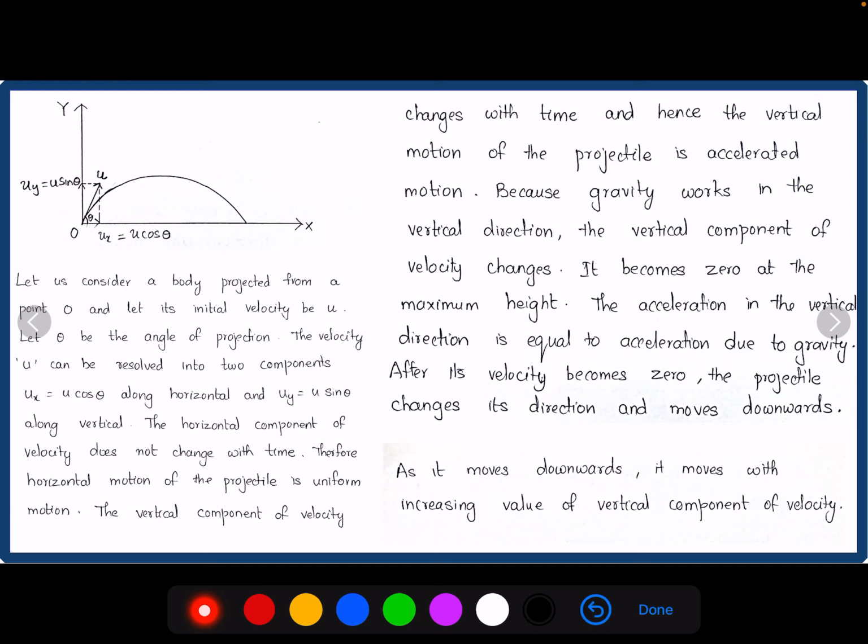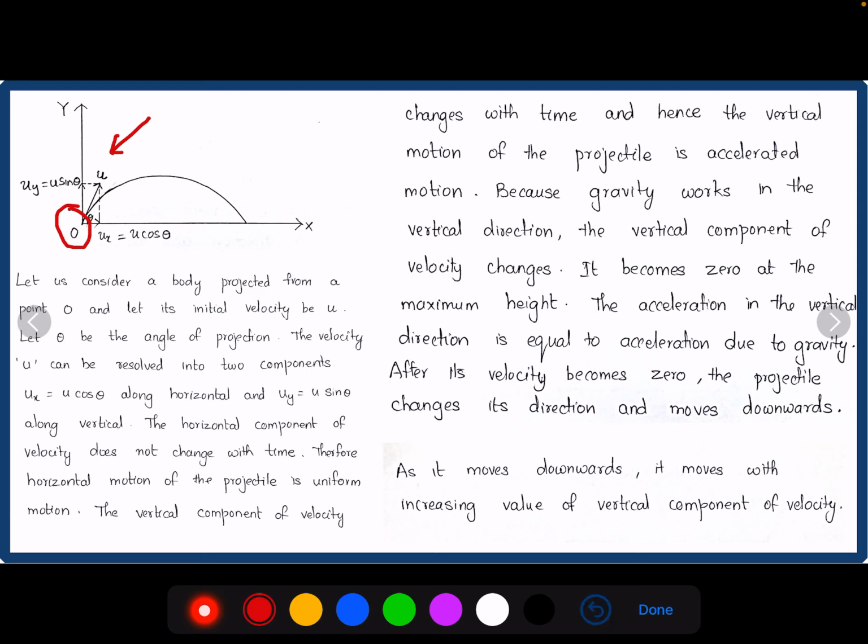Now, let us consider a body projected from the point O. You can see here it is projected from this origin O. Let its initial velocity be u, and let theta be the angle of projection. This angle is theta.